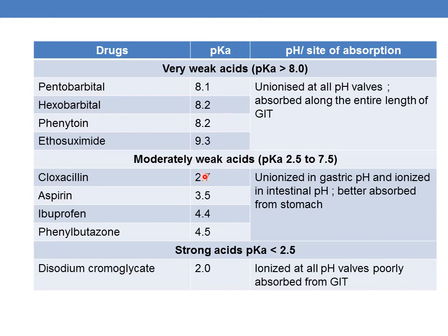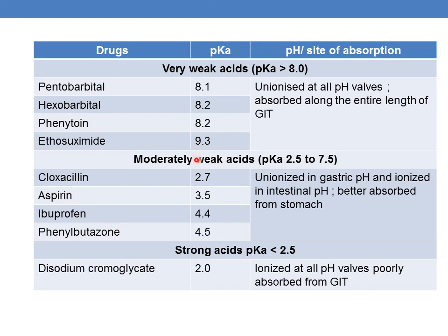The next case is moderately weak acids whose pKa value ranges from 2.5 to 7.5. They are unionized in gastric pH but ionized in intestinal pH, hence they are better absorbed from the stomach. The examples of moderately weak acids are cloxacillin, aspirin, ibuprofen and phenylbutazone.